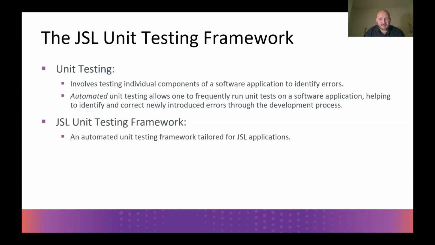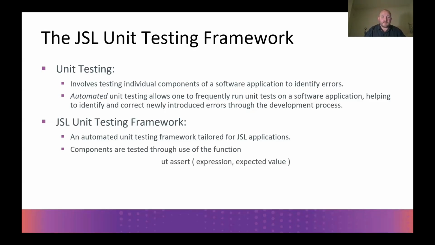In particular, JMP has a unit testing framework called the JSL unit testing framework, which is tailored for JSL applications. And the most important function within this framework is the UT assert function, which allows users to test certain components of a JSL application.